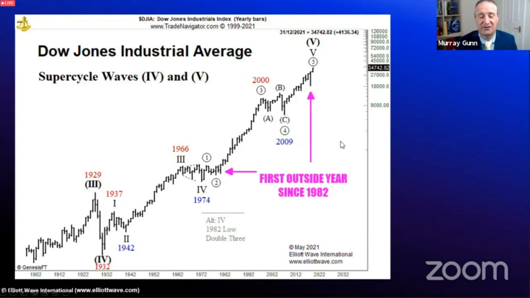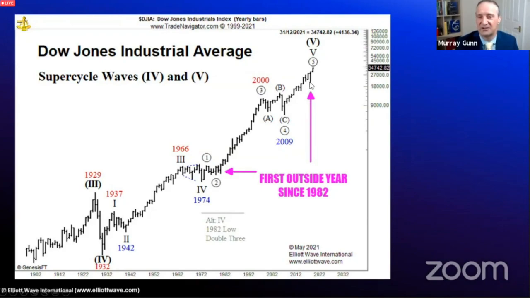But not only that, if you look at other parts of conventional technical analysis, some of you might be familiar with outside bars. So this is the first outside year. Last year was the first outside year since 1982, and that was obviously when the great bull market of the last 4 decades kicked off.